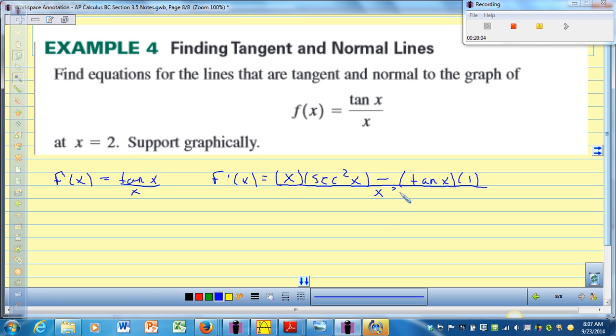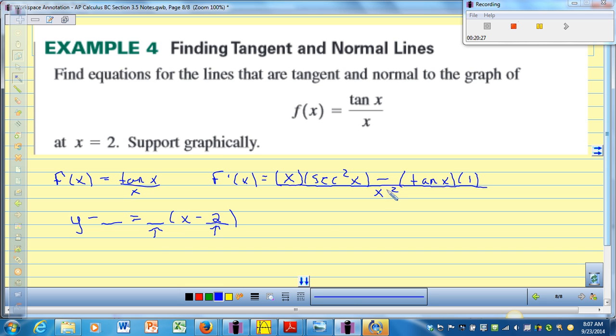x squared. All right, we want a tangent line, so I immediately am going to write y minus blank equals blank times x minus blank. What do I know right off the bat? What goes here? 2, thank you. And how can I get what goes here?